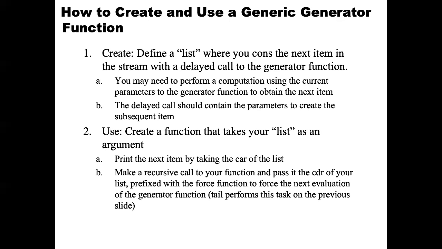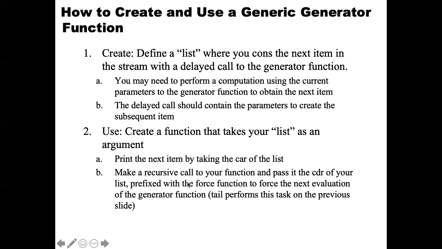So when you write your function that's going to print out the first n Fibonacci numbers, you can assume that the first item of the list is physically available in the car of the list, but that the rest of the list, the cdr, is virtual. And in order to generate the remaining items on that virtual list, you're going to have to make a recursive call to your function.